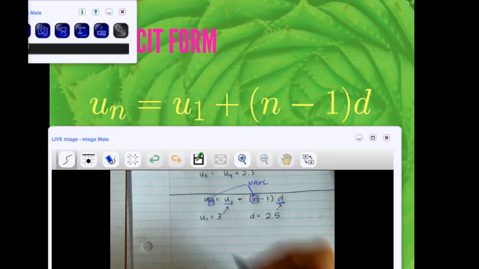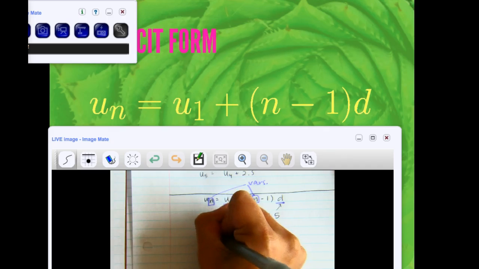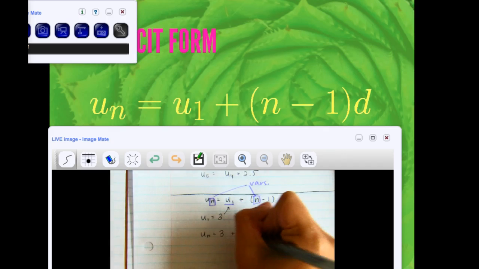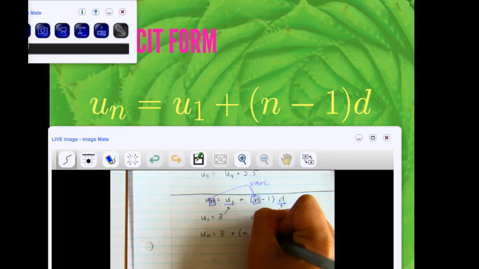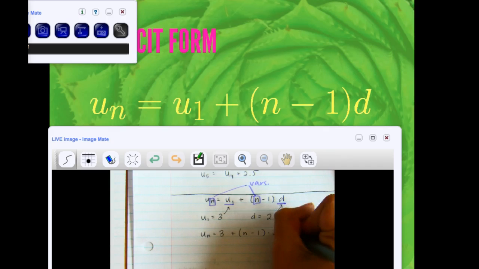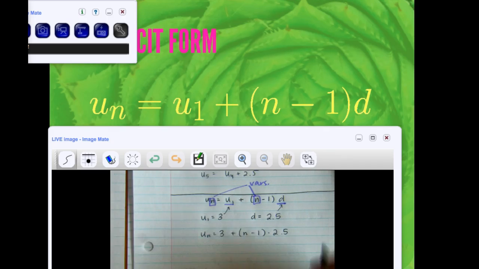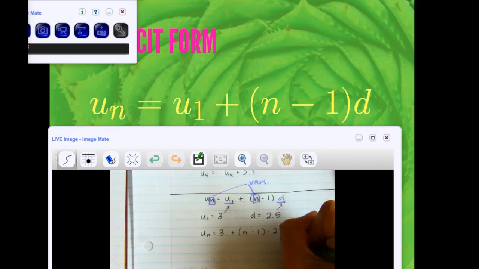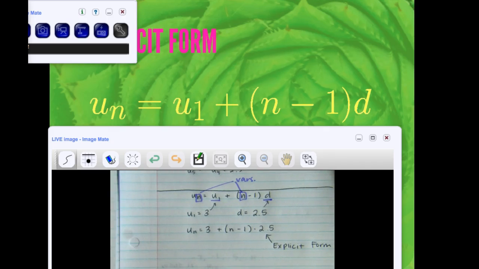So my explicit form is u sub n equals 3 plus n minus 1 times 2.5. This is the explicit form for my function.